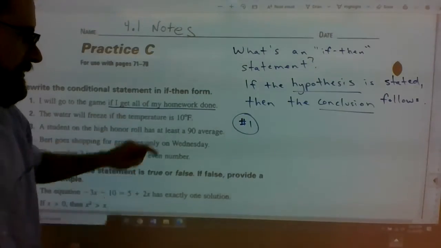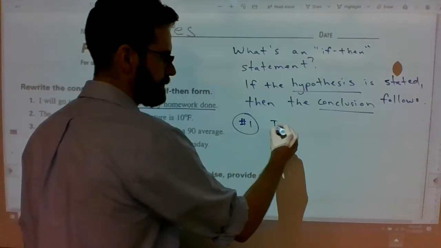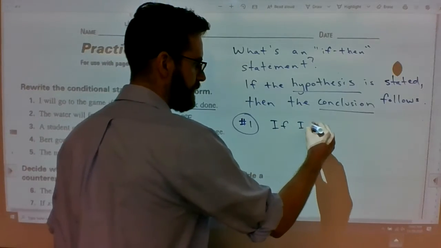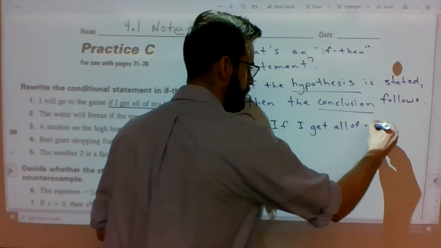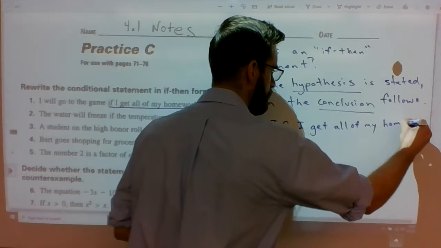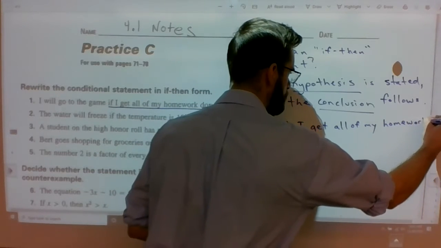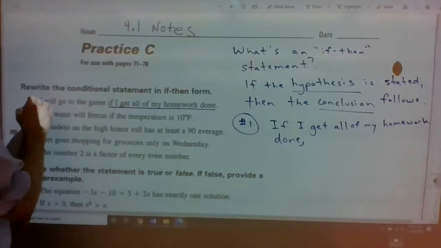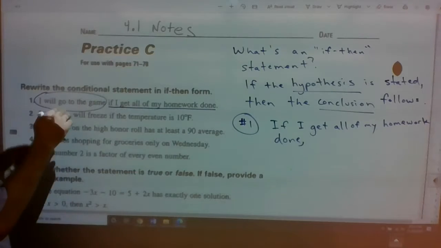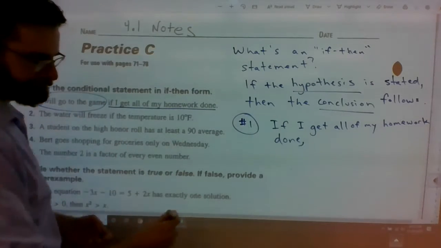If I get all of my homework done, then I will go to the game.